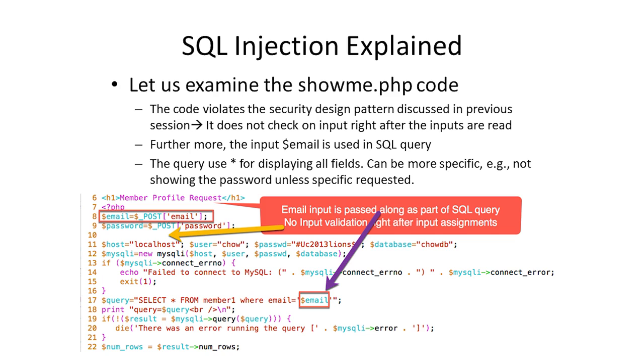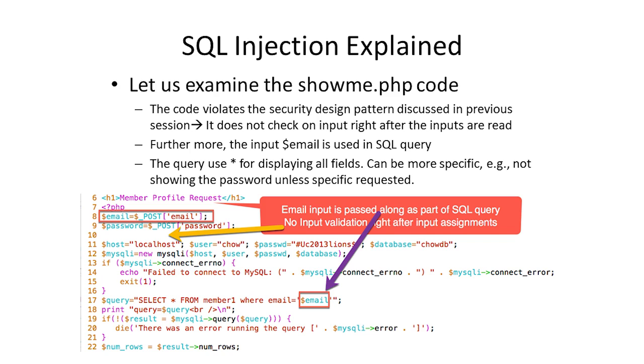It does not check the input right after we read in the input data, as shown by the arrow there. Furthermore, the input email is used in the SQL query. The query also uses star, a wildcard character, to display all the fields in the table, and that should be changed to make it more specific.